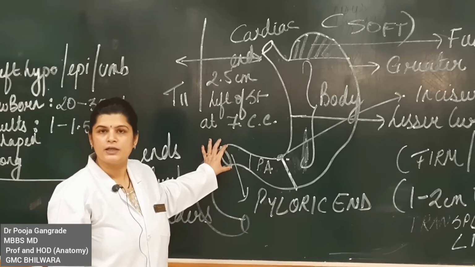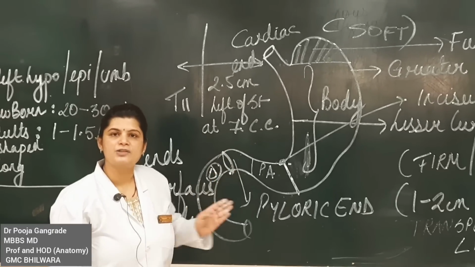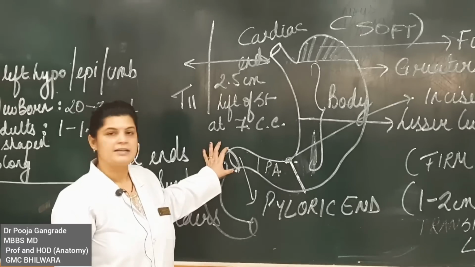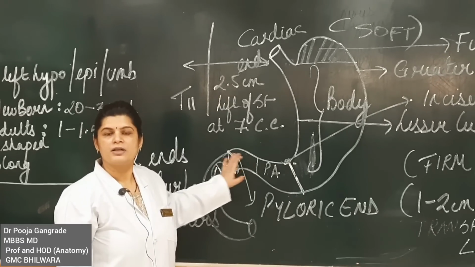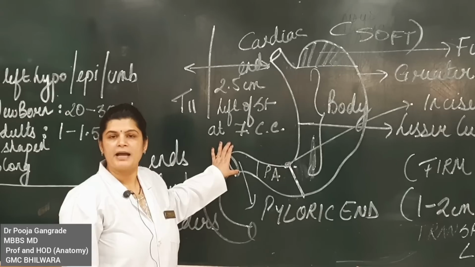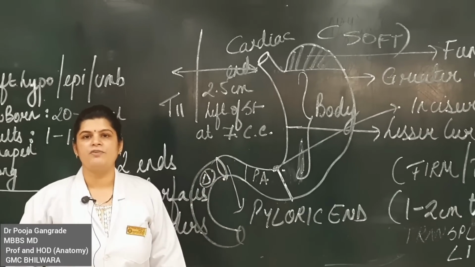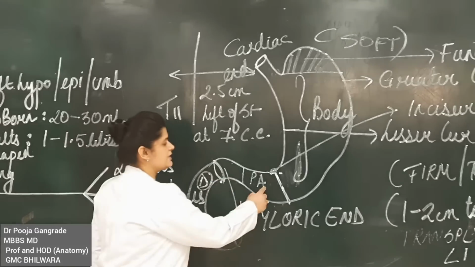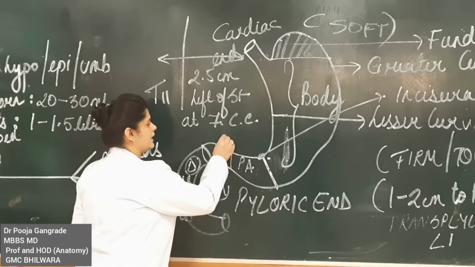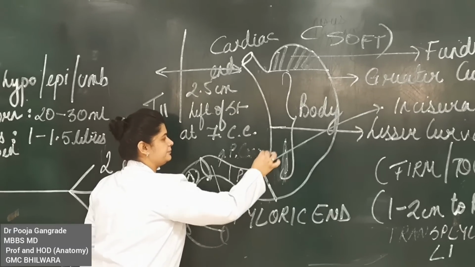It is tubular, tube-like. Here the circular muscle fibers will start to act, and at this junction of the pylorus and the duodenum, the circular muscles you will find to be thickened. So this is the pyloric antrum, and this is the pyloric canal.